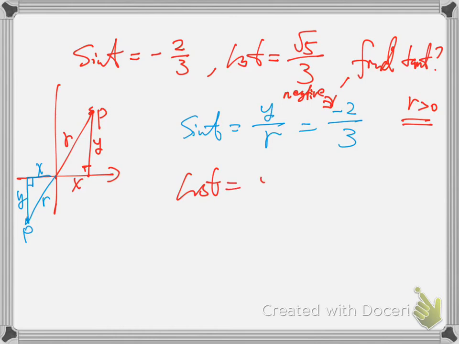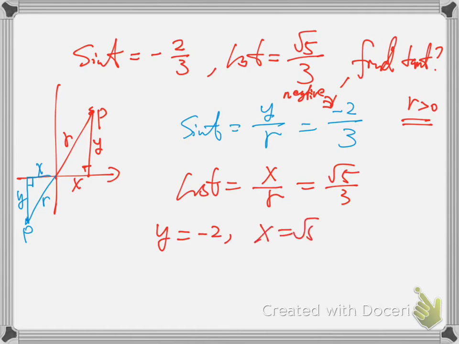Cosine t is x over r, so this is radical 5 over 3. So now we know y, x, and r: y is negative 2, x is radical 5, and r is 3.